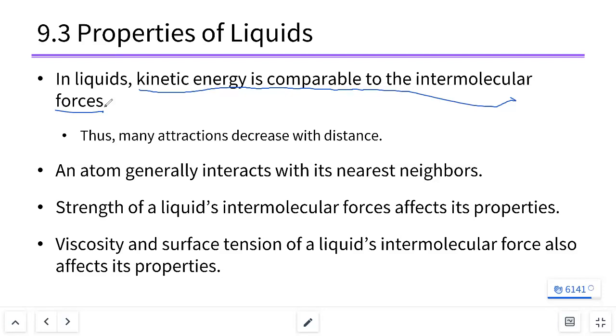What that means is that the energy of motion in those liquid molecules is roughly close to the energy of attraction between the molecules and each other. And so when we have higher degrees of intermolecular force, that's going to have a much more significant impact on the liquid phase because they are so much more comparable in size to the energy.